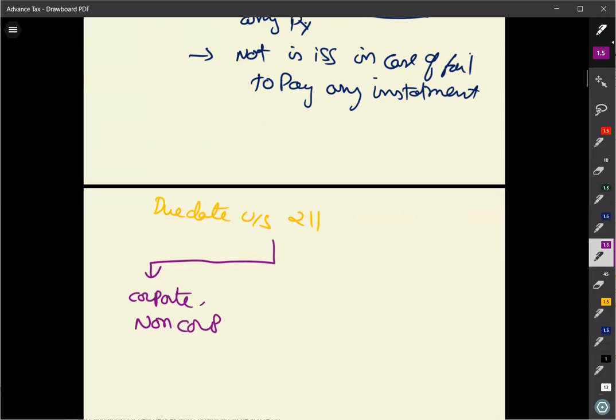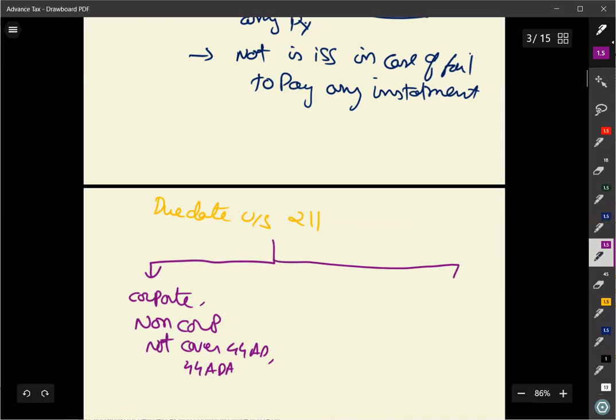But these non-corporates are not covered under section 44AD or 44ADA. For any people, whether a company or not a company, who are not covered under 44AD and not covered under 44ADA, the due dates are different.